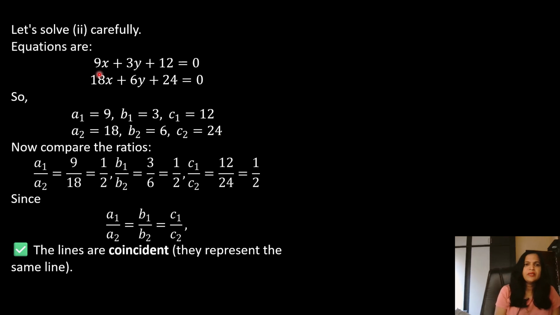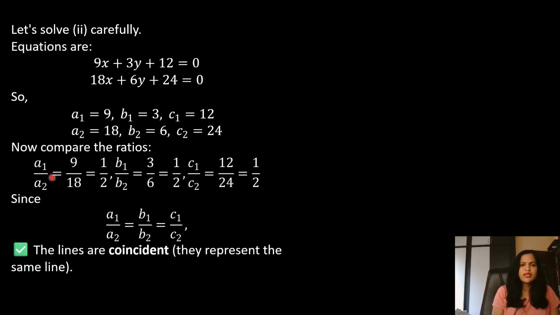Then next sum, 9x plus 3y plus 12 equal to 0 and 18x plus 6y plus 24 equal to 0. For the first equation a1 equal to 9, b1 equal to 3, c1 equal to 12. Then a2 equal to 18, b2 equal to 6, c2 equal to 24.